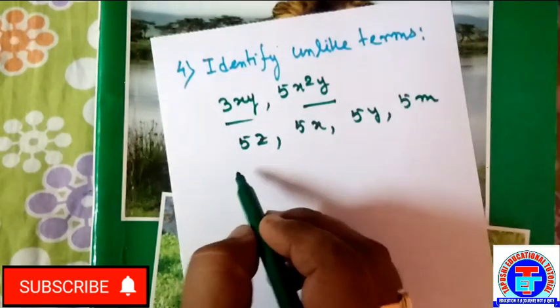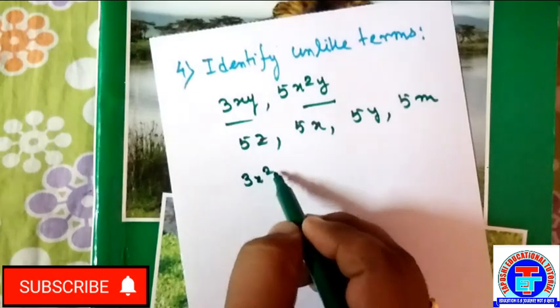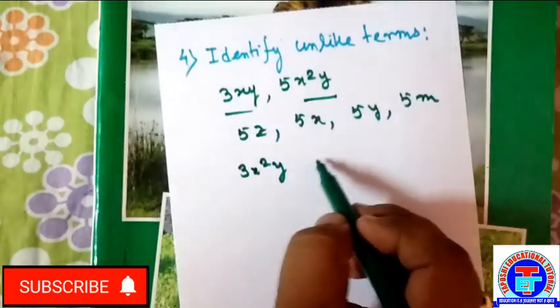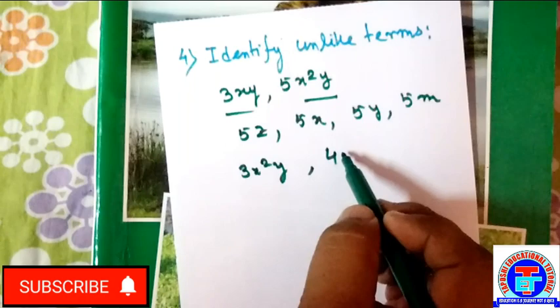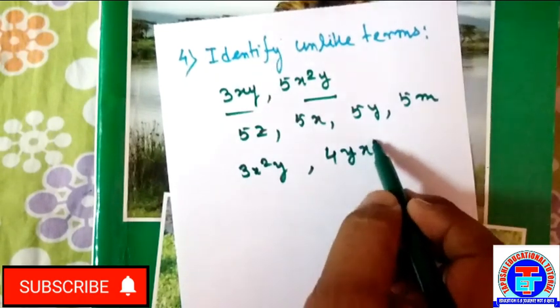Now suppose given 3x square y and 4yx square.